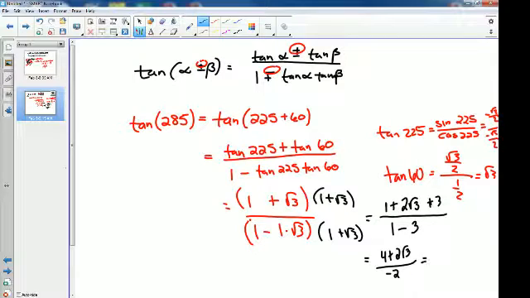Which is the same as negative 1 plus, no. Okay, did anybody get lost here?